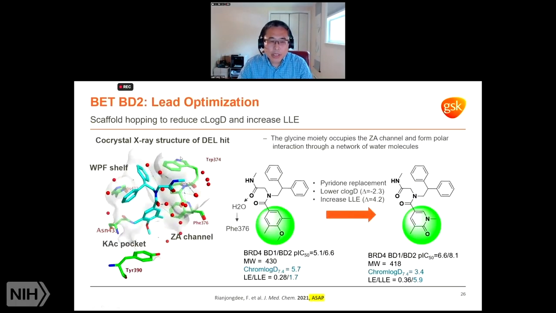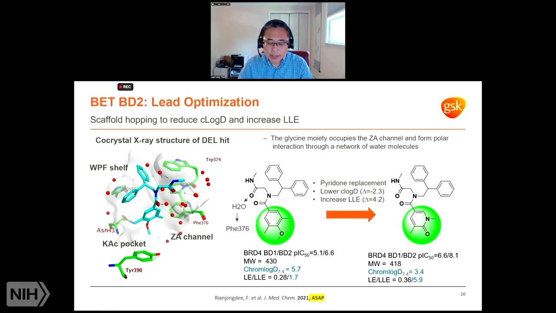The X-ray structure of this compound was quickly obtained, and it was quickly realized that the dimethyl methoxy benzyl group is also serving as a KAc mimetic.